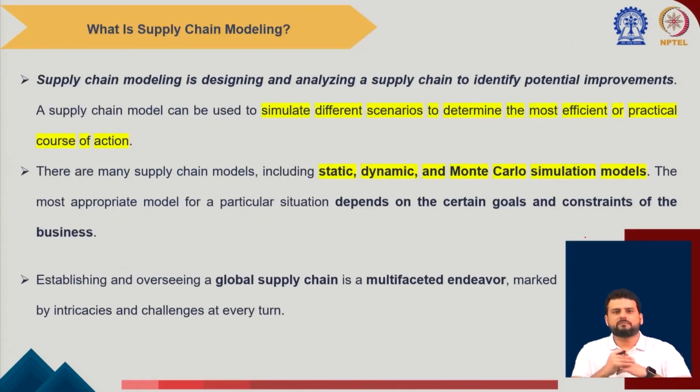So supply chain modeling is designing and analyzing a supply chain to identify potential improvements. That means it is a kind of design of experiment approach, where we try different types of inputs, in different quantities. This is similar to how you learn the cooking process.